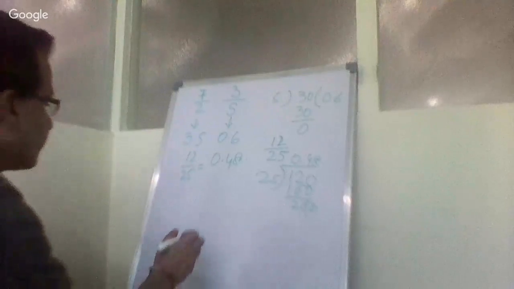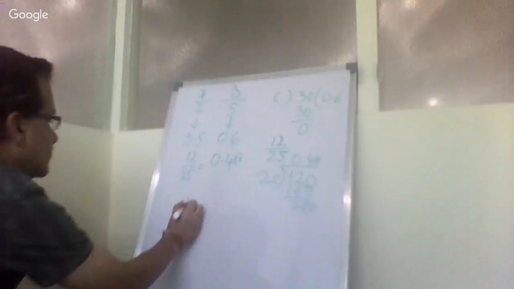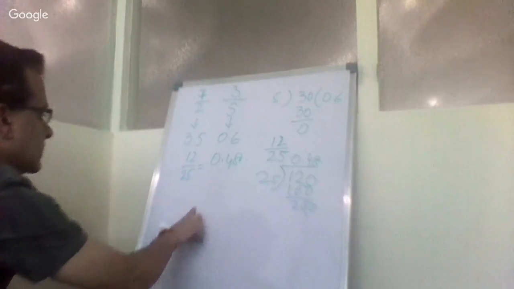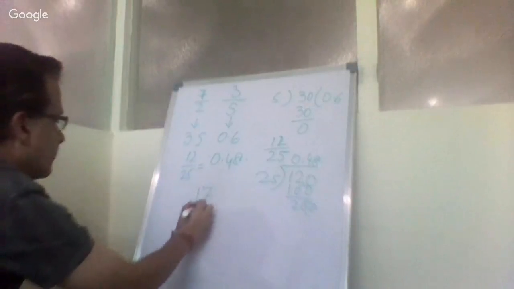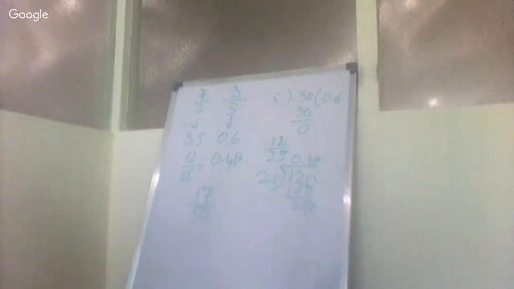Okay, try one more. I'll take 17 divided by 50. What are you getting?